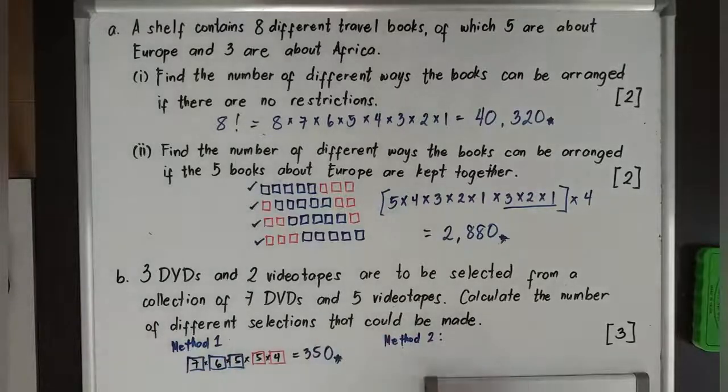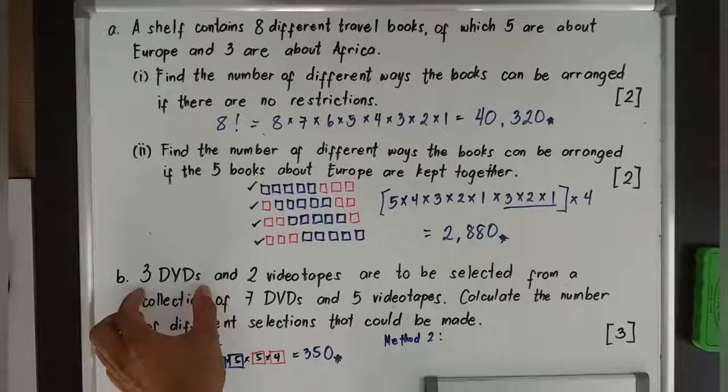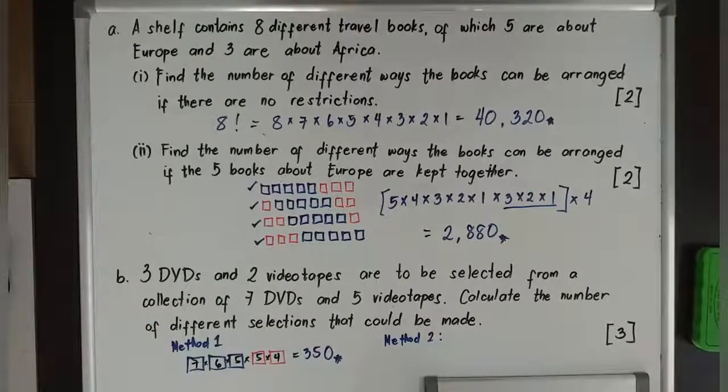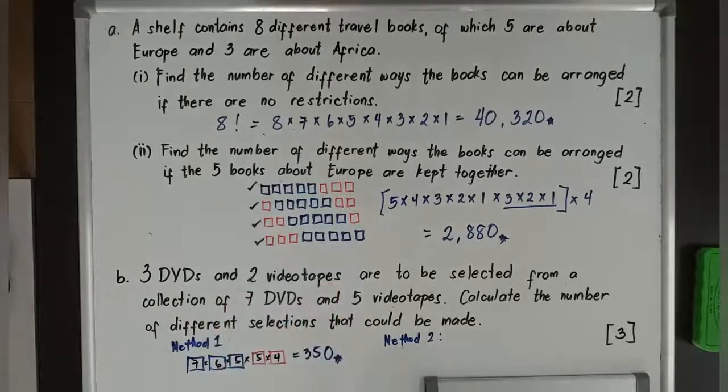In this problem, okay, it doesn't matter if you put those DVDs in order, because even if I put the first, the second, and the third DVD, as long as I will have to select 3 DVDs, it doesn't matter. If I put the first, the second videotapes, okay, or third and fourth videotapes, as long as I can select 2 videotapes. So, order does not matter in letter B.